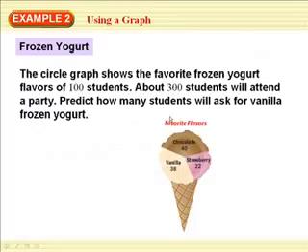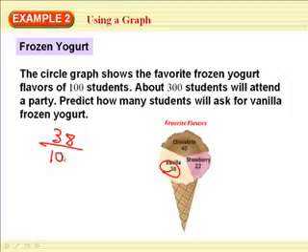Okay, using a graph, it says, oh, that's kind of a neat graph. Look at that on an ice cream cone. Frozen yogurt. The circle graph shows the favorite frozen yogurt flavors of 100 students. About 300 students will attend a party. Predict how many students will ask for vanilla frozen yogurt. Basically, if 38 out of 100 say vanilla, and we are going to have 300 people, you can do it 2 ways.